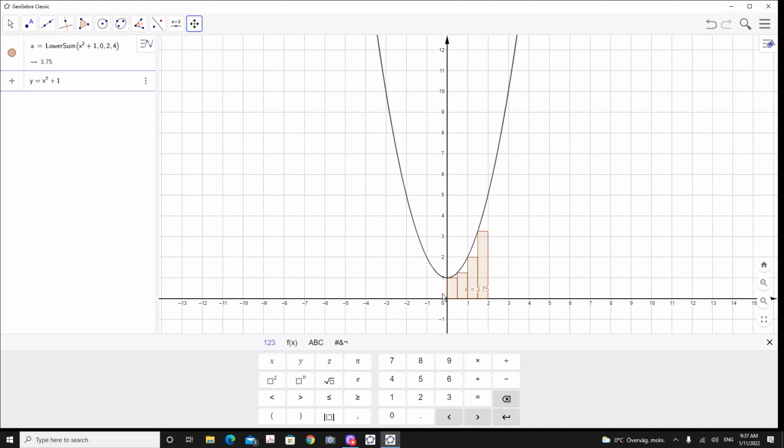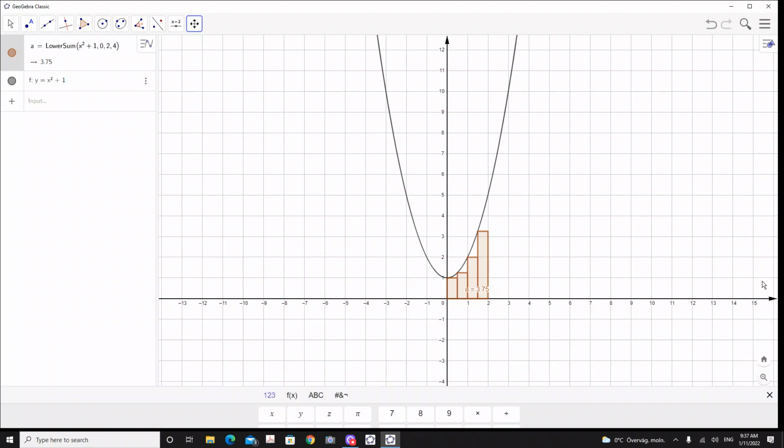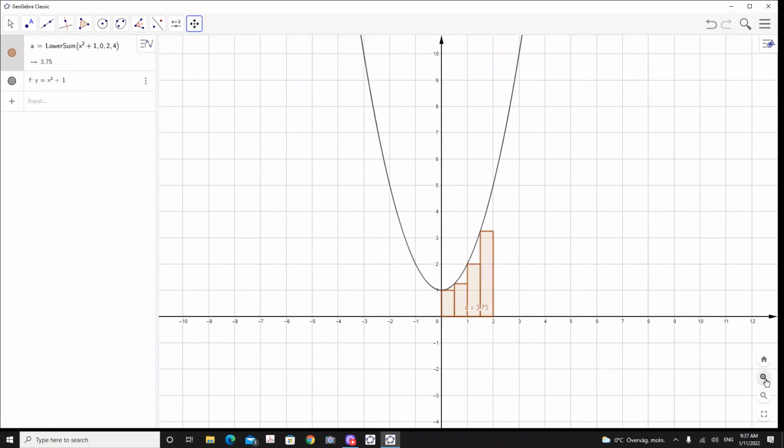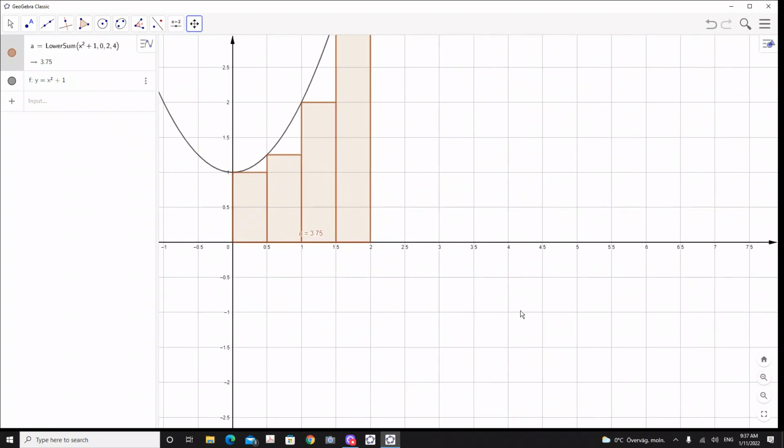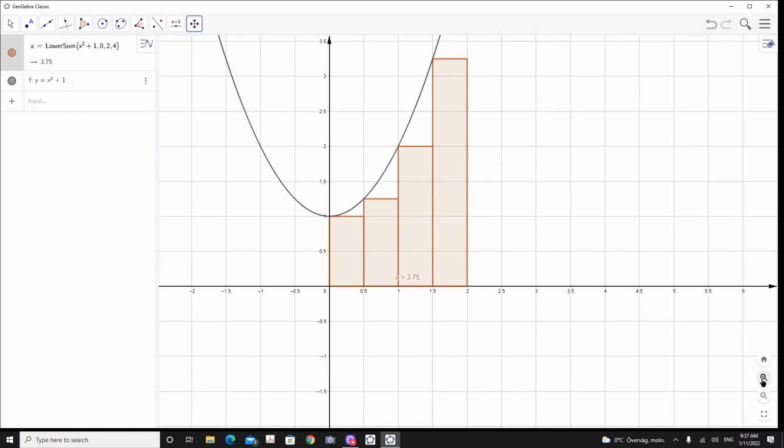Is that clear? And now I want to increase the number of rectangles. Can I make it a little bit bigger here? So let us concentrate on this part. Yes, that is better.